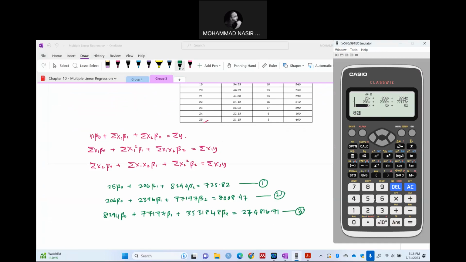And this is 8294, 77177, 3531848. The last is 274816.71. Right. So input the values carefully, and you can double check. Check whether the values are input correctly.